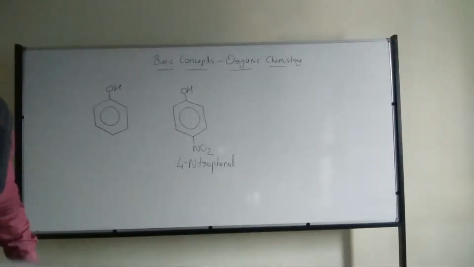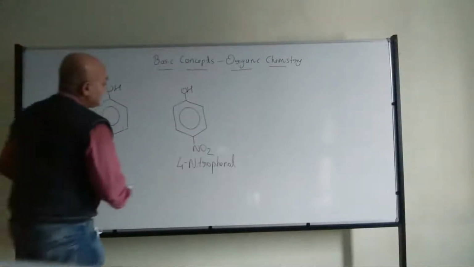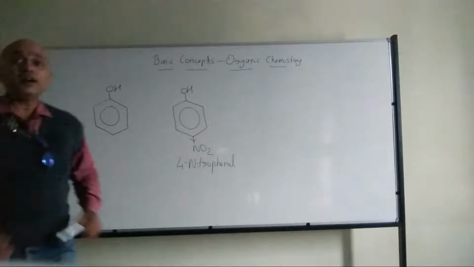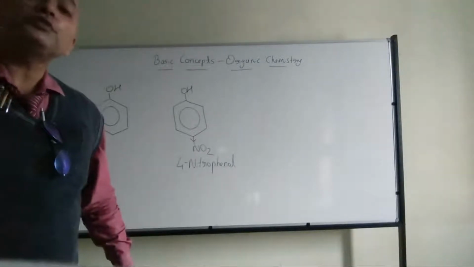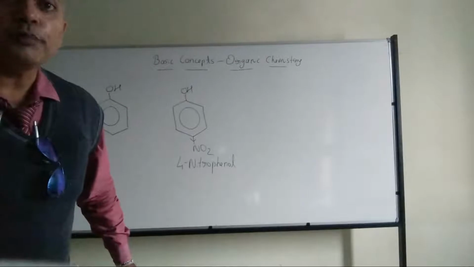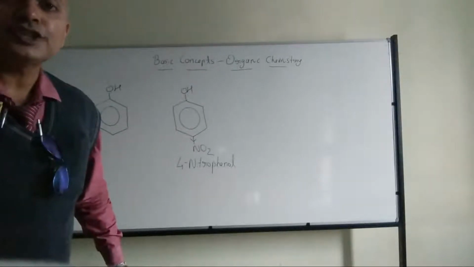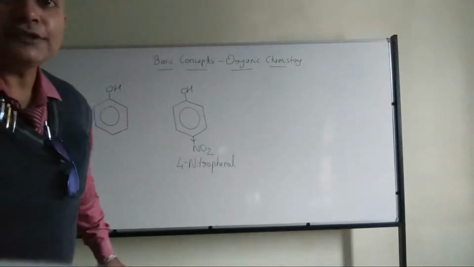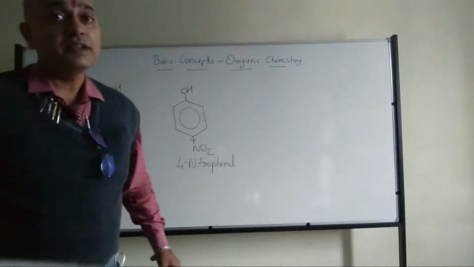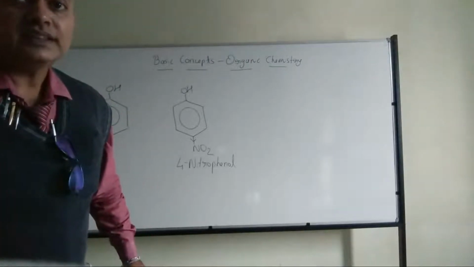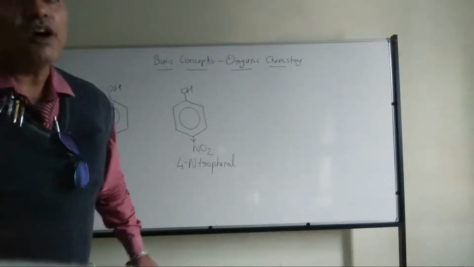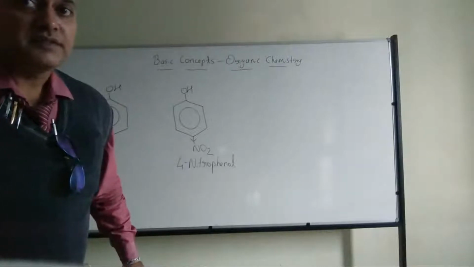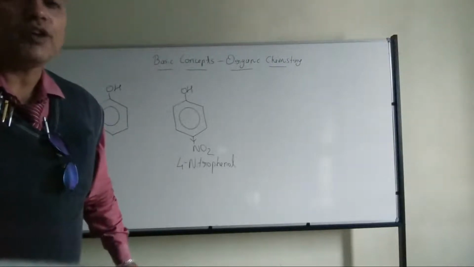All of us know that the nitro group is an electron withdrawing group. If you go back to resonance, nitrobenzene will show which type of resonance, positive or negative? We have discussed this one.